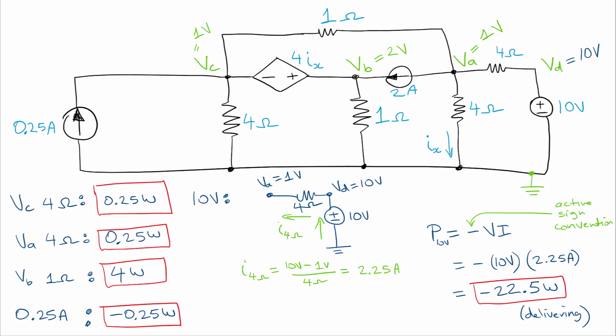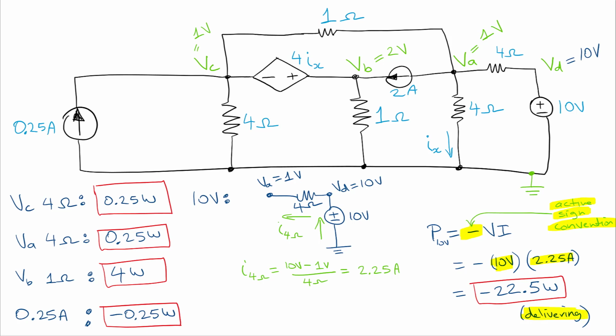So now we have current flowing into the negative and out the positive. Okay, so again we need to use the active sign convention, and so we have that negative sign, so its power is equal to minus V times I. So we plug in our value for voltage for the 10 volt voltage source, and that's 10 volts, multiplied by the current that we found, and that's 2.25 amps, and we get a result of minus 22.5 watts.